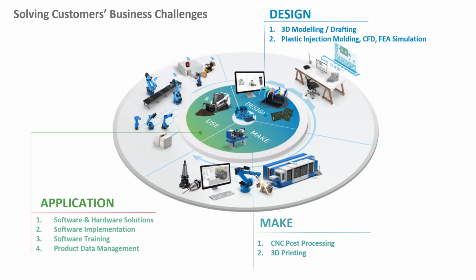Under design, we provide 3D modeling and drafting, and for simulation analysis, we specialize in simulation for injection molding, computational fluid dynamics (CFD), and finite element analysis (FEA). These are software that perform simulation and reduce the need for actual testing, where they predict product failure in a scenario. This reduces cost and waste during design and manufacturing.